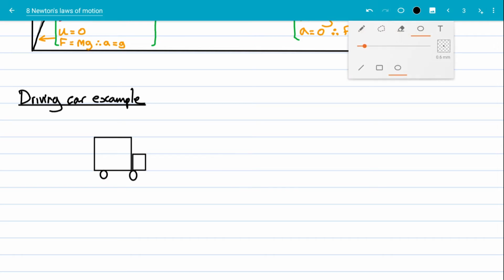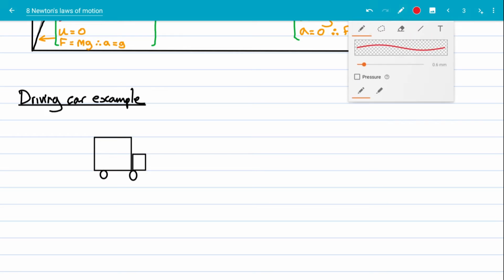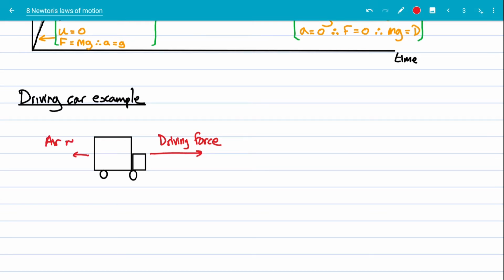We have our force in the forward direction, which is our driving force. And the nature of that will become clear later. And let's just label that driving force. And then we've got our drag, or our air resistance.